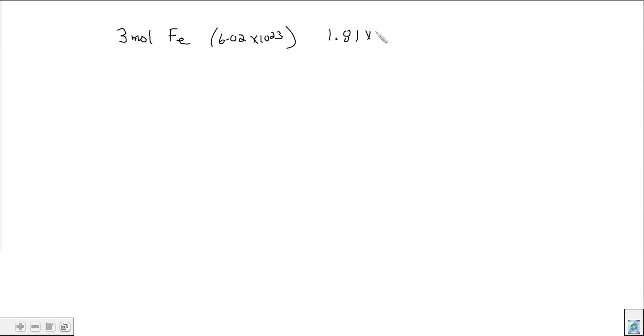So let's go ahead and get a little pathway here to follow. If I'm talking about particles, now particles can be a lot of different things. They can be atoms, anything small that we would use a number this big to count with. So we've got atoms, it could be molecules, it could be formula units.